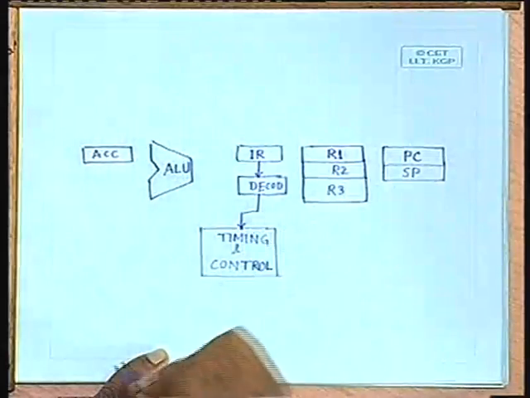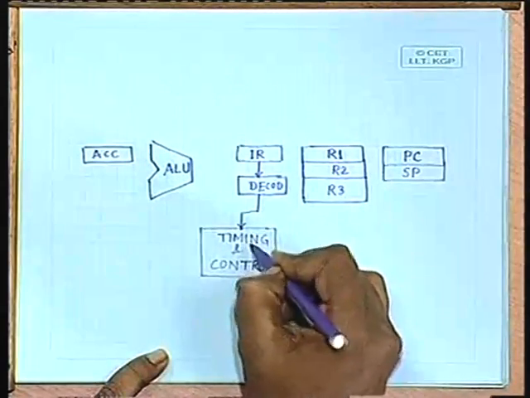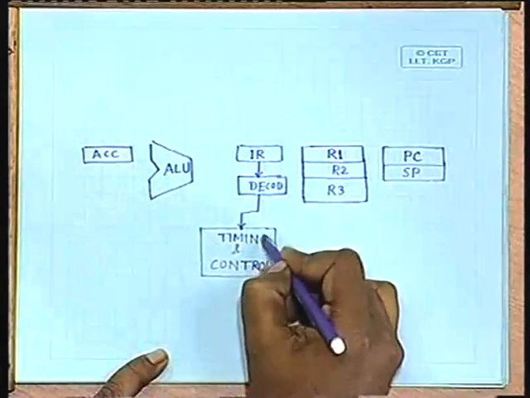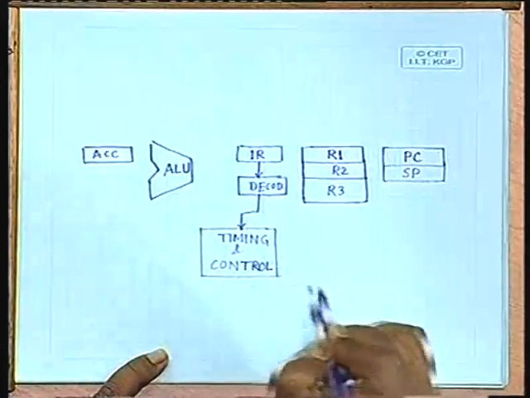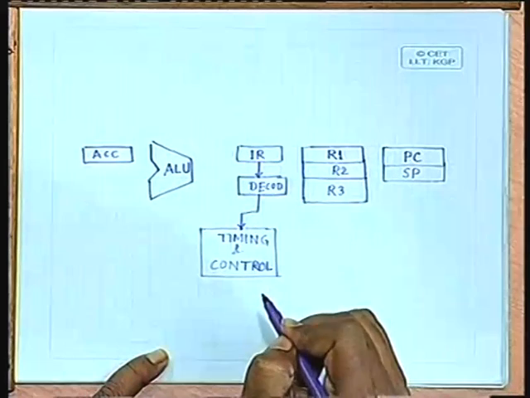This instruction decoder, after decoding that instruction, gives some signal to the timing and control unit, and after getting this signal, the timing and control unit generates all the control signals in a proper sequence, so that the specified task can be executed.